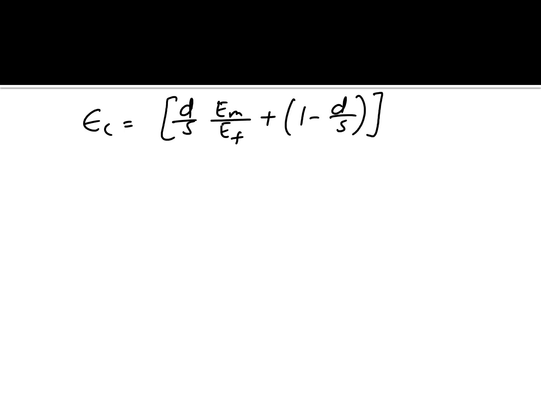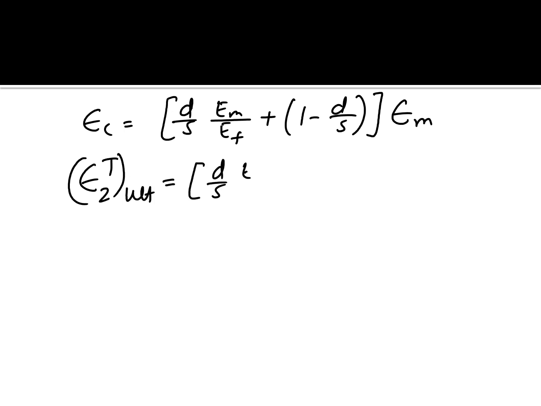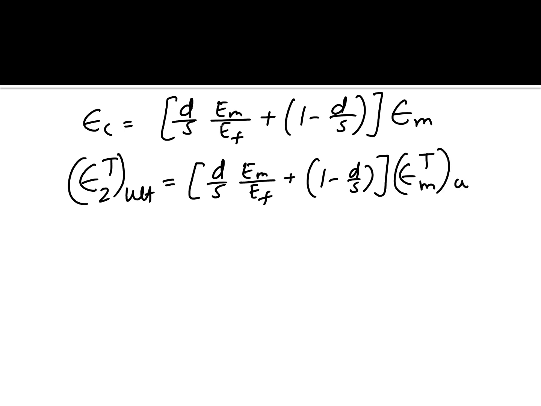So simplifying, we get epsilon_C is D by S, this particular expression right here, times epsilon_M. If I want to find the ultimate strain which I can apply in direction 2, I have to take the ultimate strain which the matrix can take in tension in direction 2.